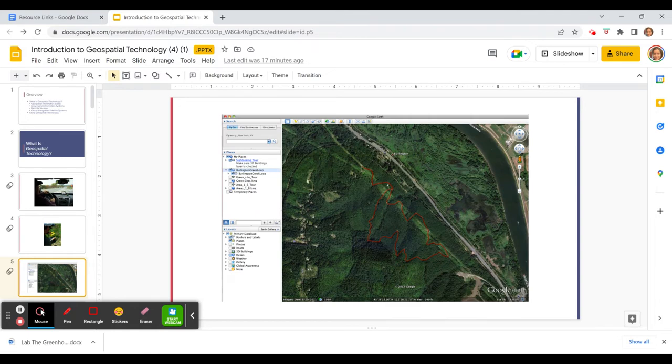Previous to being able to look at photos of the Earth from your computer, we had to buy these images or get access to them from someone who might have worked for the government. Now we can look at them as a private person, as a citizen of the United States, just by downloading Google Earth. Satellites up in our higher atmosphere take these photos, and now we actually have access to them.